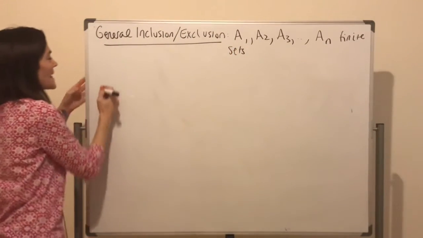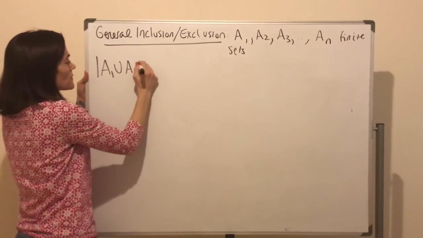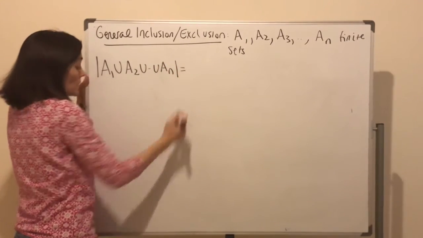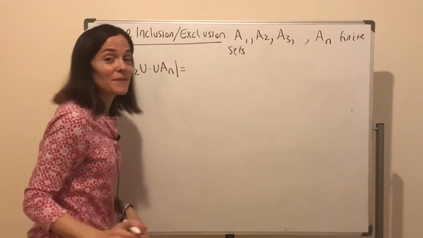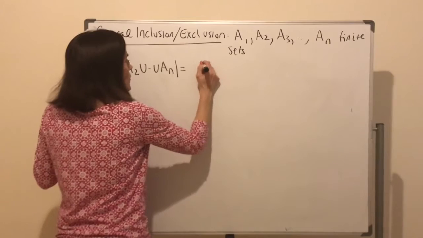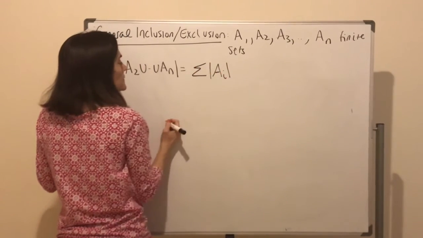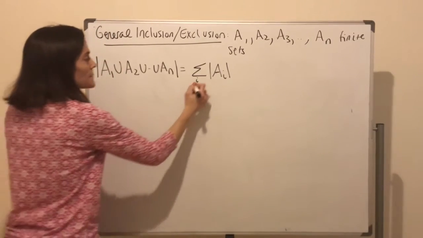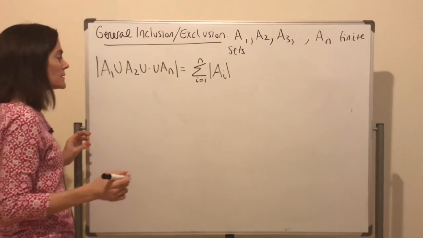Okay? Then the number of things in the union, okay, well, my Venn diagram, if I tried, is not going to look very accurate, but we can think. First of all, we add up all of the individual ones. So this is over all i, i goes from 1 to n. Maybe I will write this, although I won't be writing it on all of them.